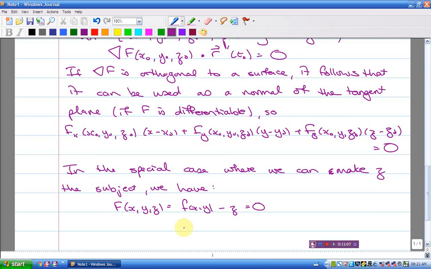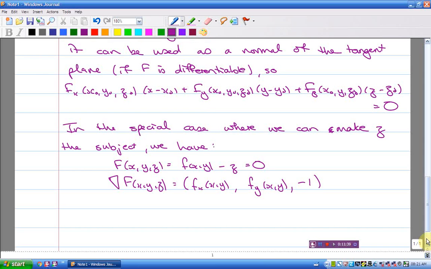Okay? If we now work out grad of big F, it's going to be our x derivative of little f. Let me not be sloppy here, let me be precise. The x derivative of big F will be the same as the x derivative of little f. The y derivative of big F will be the same as the y derivative of little f. And the z derivative of big F will be minus 1.